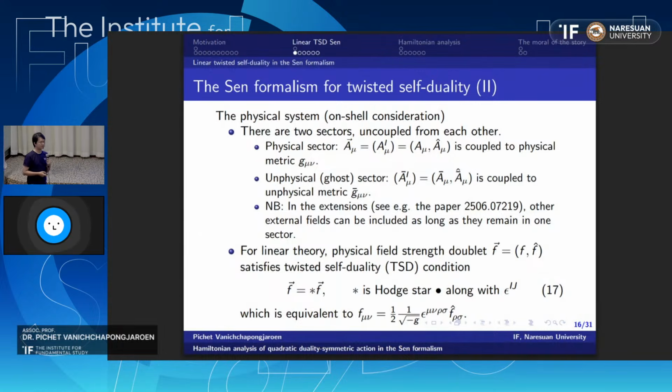But at the quantum level, it might be that the classical level is the same, but the quantum level has something different. Is it possible? Yes, I think so, and it doesn't prevent the action appearing in the path integral from having duality symmetry. Even if it is going to break at the quantum level, I believe that at the starting point you still have an action that has this symmetry.